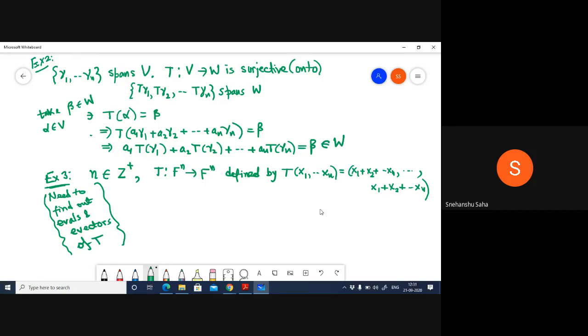So can you think of something in terms of basis vectors? If I choose the standard basis on Rn, which is 1, 0, 0; 0, 1, 0; 0, 0, 1, what do you get?